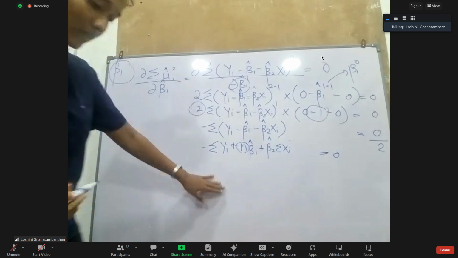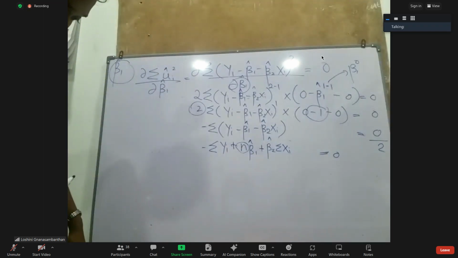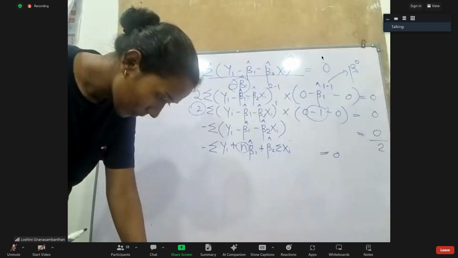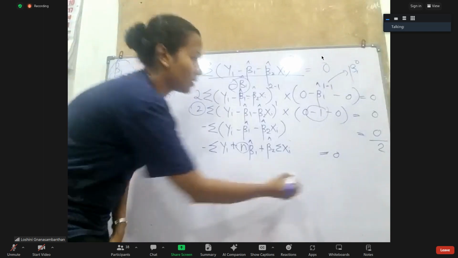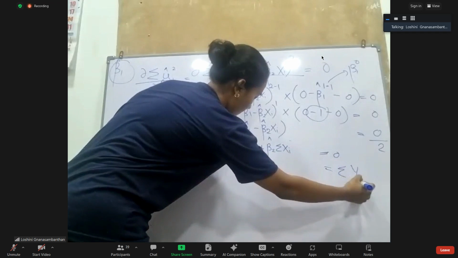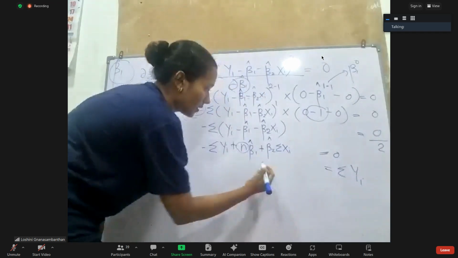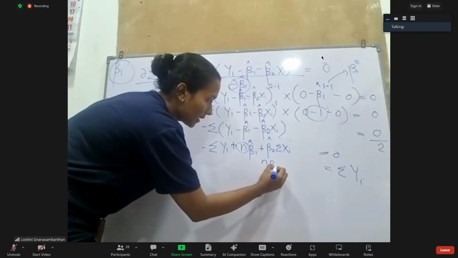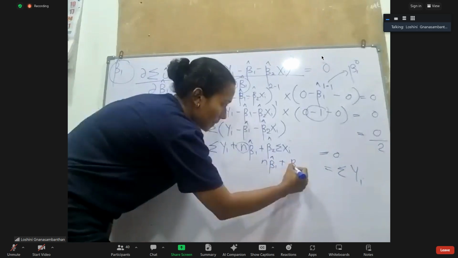Right. So continuing from that, you can take this minus to that side. Sigma yi will be equal to n beta 1 hat plus beta 2 hat sigma xi.